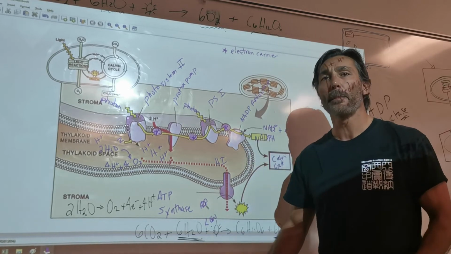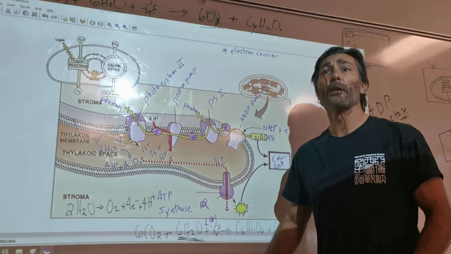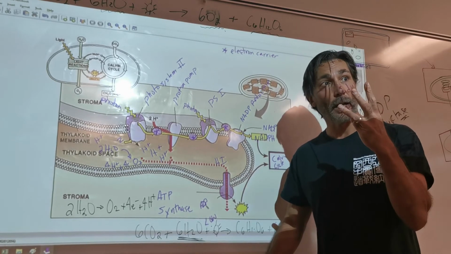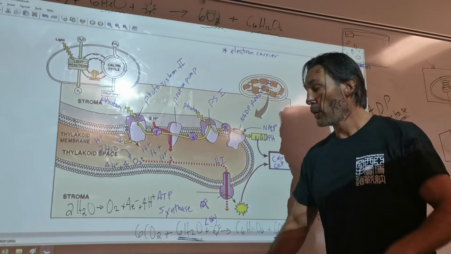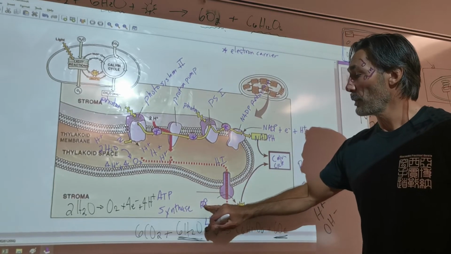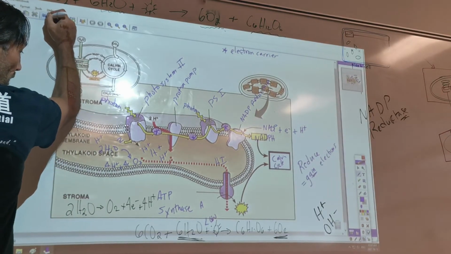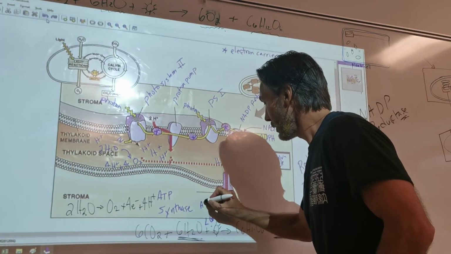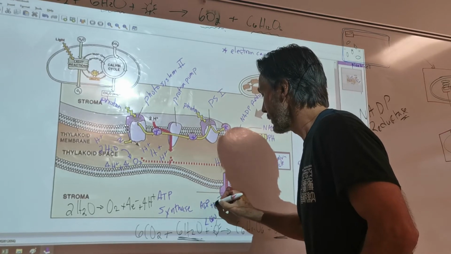Do you remember how many phosphates ATP has? 3, because it's adenosine triphosphate. So what do you think ADP has? 2. So there's a bunch of ADP floating around in the stroma. There's also a bunch of phosphates.